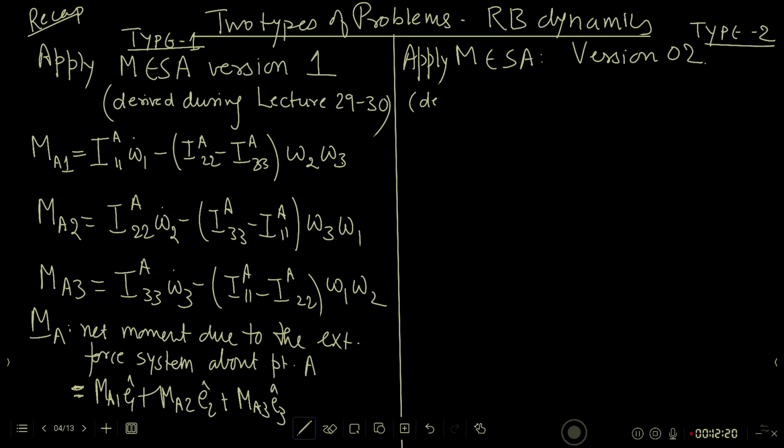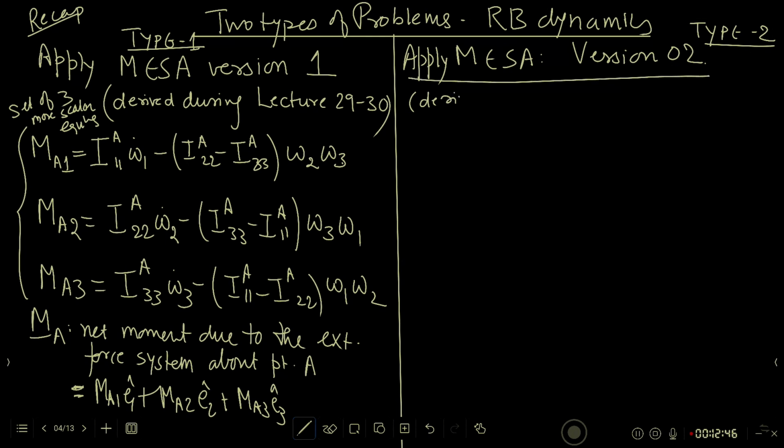And this set is a set of 3 more scalar equations. So in total we have 6 equations, 1 and 2 combined. I mean Euler's first and second axiom combined. Now in version 2, Euler's second axiom, or MESA, looks like the following.